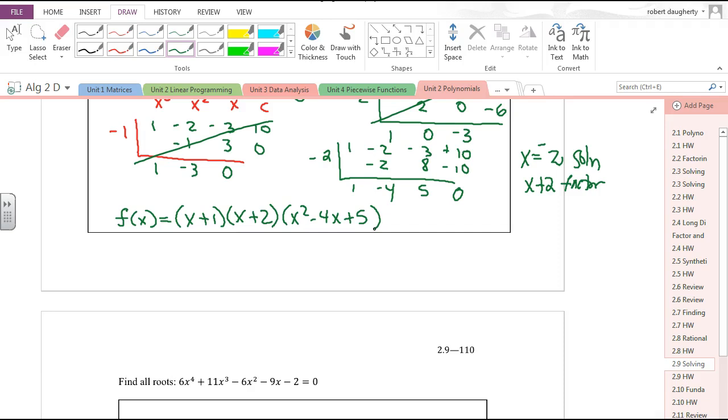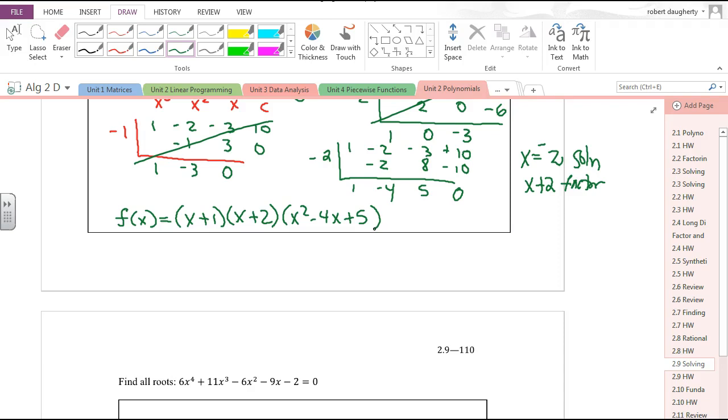Are there numbers that multiply to positive 5 and add to negative 4? Not a trick question. If it were a negative 5, I could say a negative 1, a negative 5, and a positive 1. Okay, so how do you think I'm going to have to solve that? Quadratic formula.